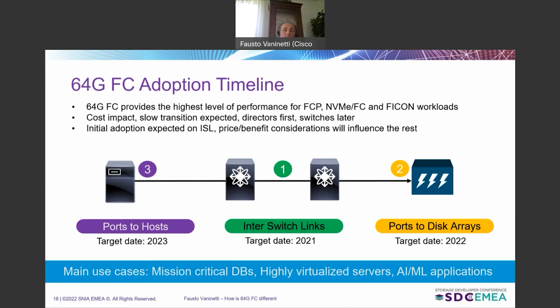And so for the next year, we will possibly see someone adopting servers with 64 gig fiber channel HBAs. This adoption model is the same as in the past. When a new bit rate, a new technology arrives for fiber channel, it starts from the network, moves to the target, and then to the hosts. This is the logical progression in terms of adoption.